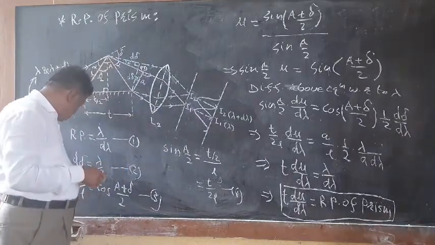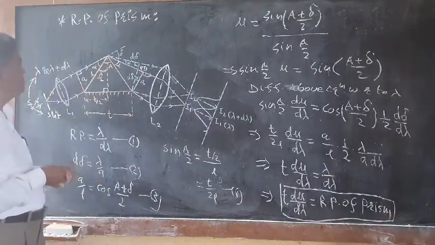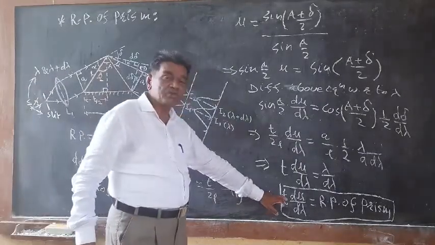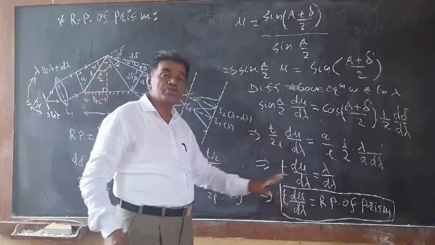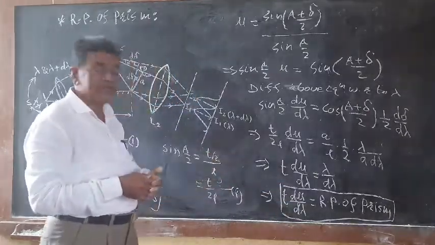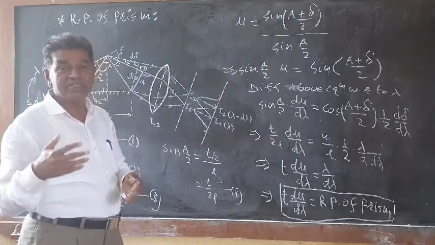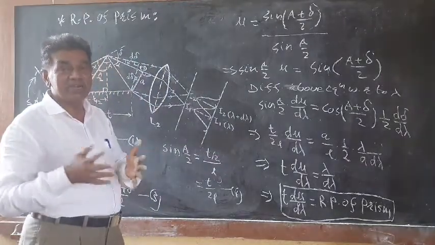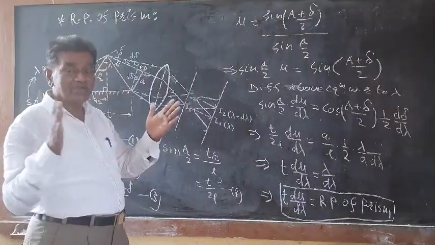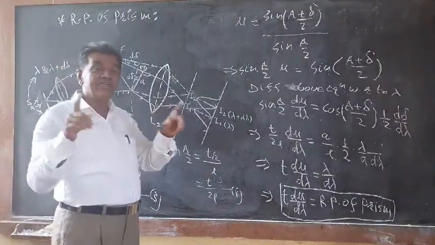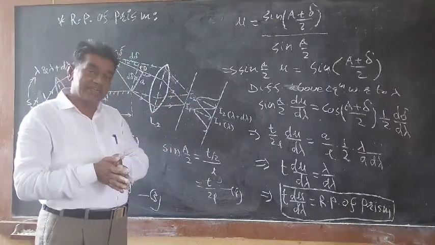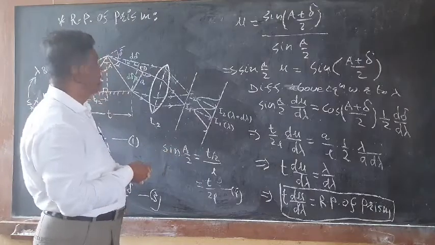So the resolving power of the prism depends on the length of the base of the prism and the dispersion produced, that is, the material used for the prism. If the material is good, so that the angular separation between the different colors is large, then the RP of the prism increases. So this is regarding the RP of the prism.